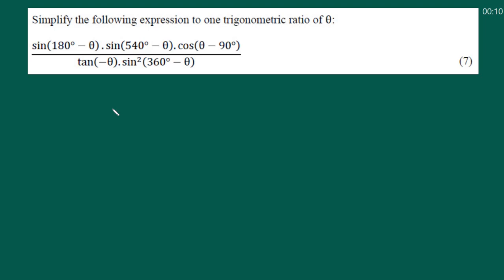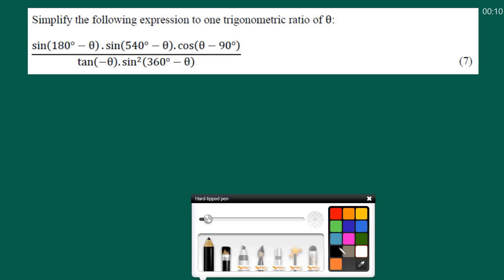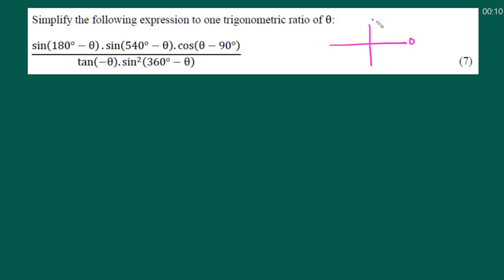So for the first one, you have sine 180 minus theta, right? Quadrant. So 0, 90, 180, 270, 360. I'm just not supposed to take my Cartesian plane everywhere we go here. But 180 minus theta should be in this quadrant, so it should be in the second one. 540, that one is bigger, so we shall reduce it first before we can say which quadrant. And then theta minus 90.